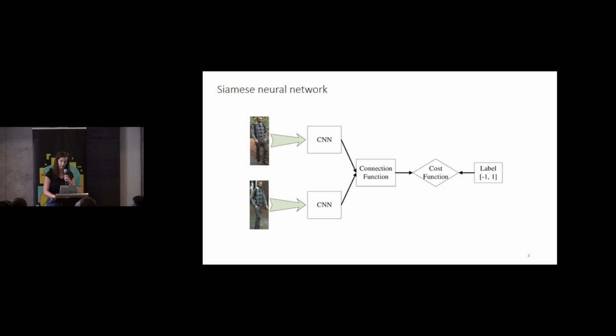And so how does this work? We basically send 2 images, like this example is of a person, but we'll send it 2 images of a building, and the 2 images go to the same neural network, and the neural network outputs a vector. And so you can think of these 2 vectors as points in space.